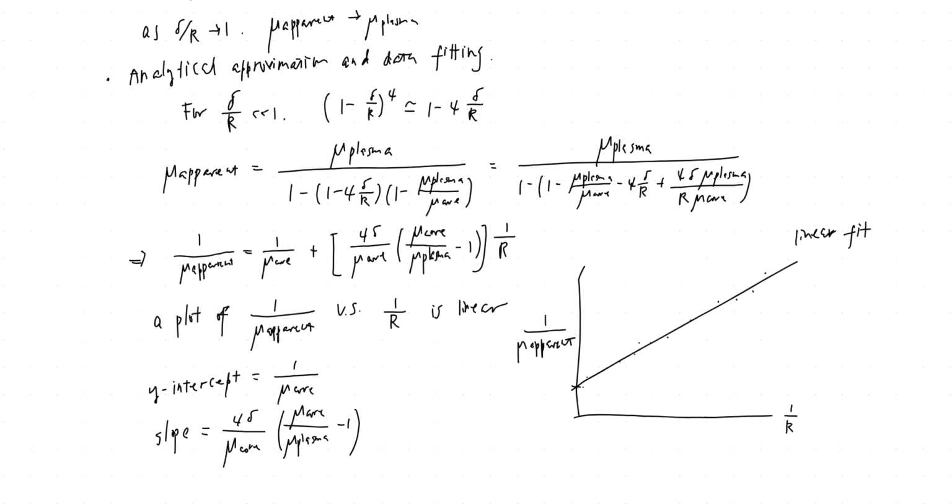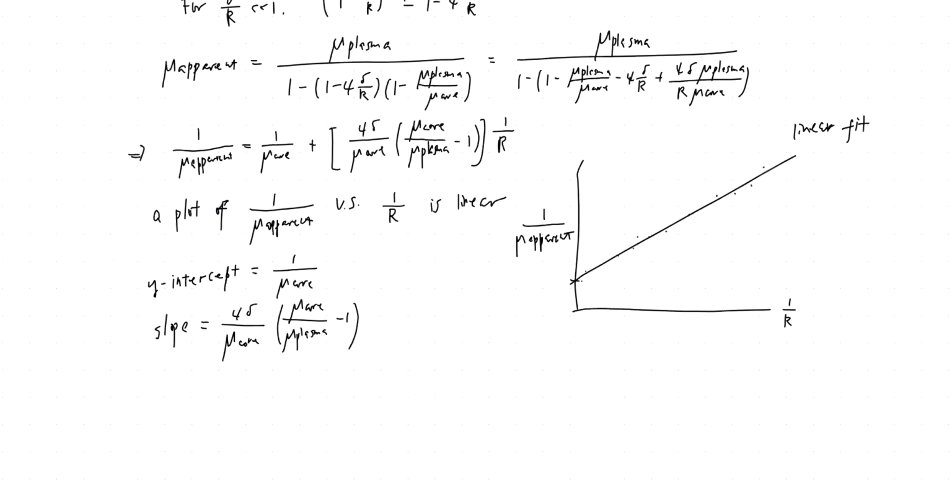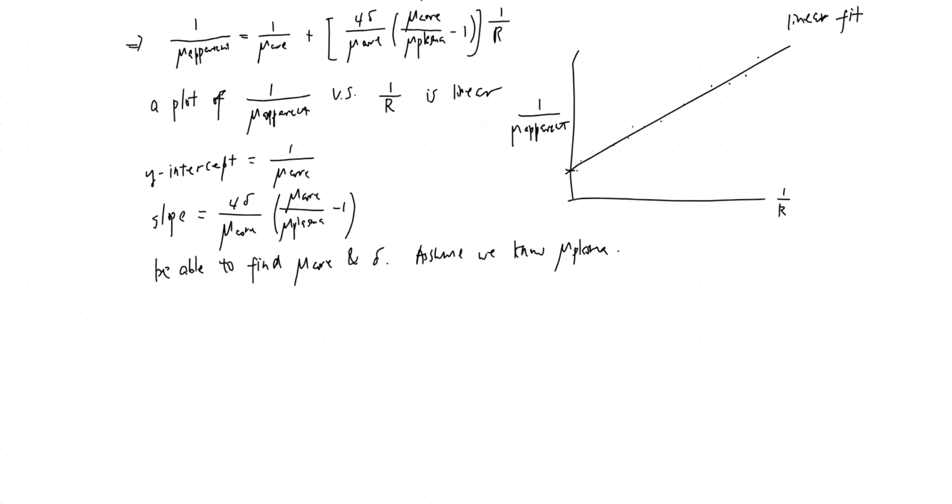So from these two, you are able to find mu core and delta, assuming we know mu plasma already. So that's how this equation is used in reality. Okay, that's what we would like to cover. This is the marginal zone theory.